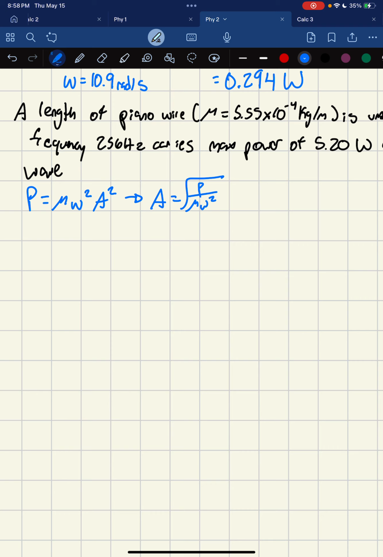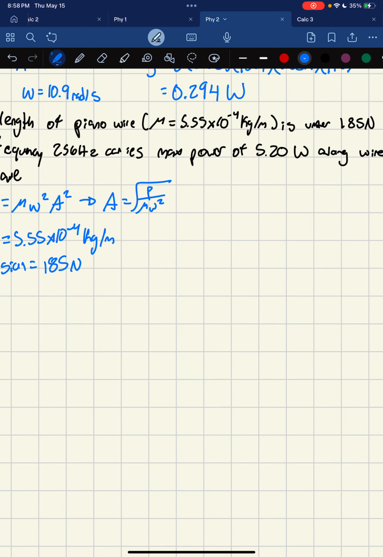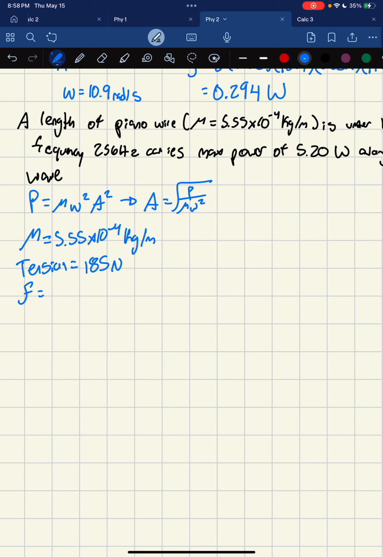And what I'm given is the linear density, 5.55 times 10 to the power negative 4 kg over m, and the tension, 185 newtons, and the frequency, which is 256 hertz.